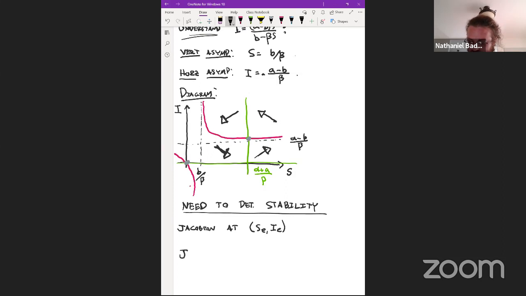And what we get is that the Jacobian winds up being not great.